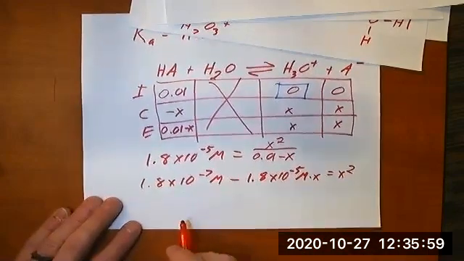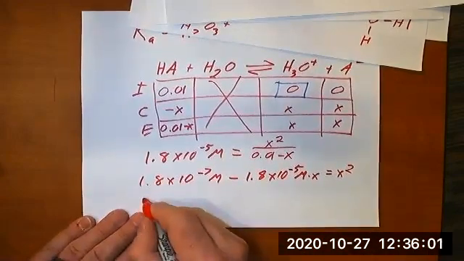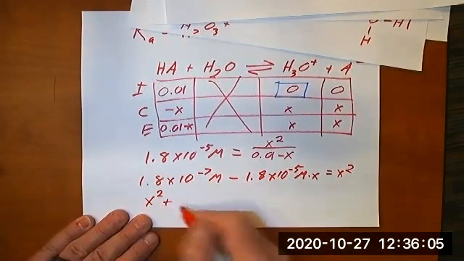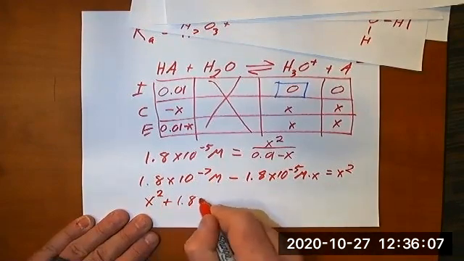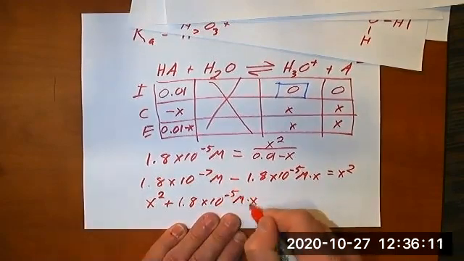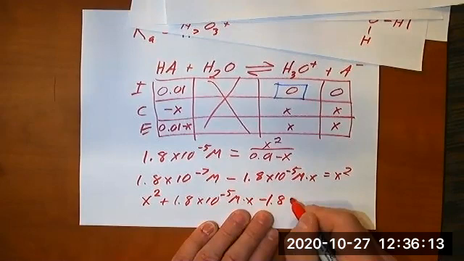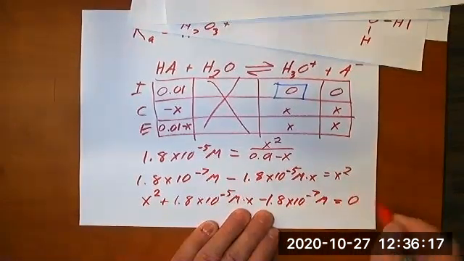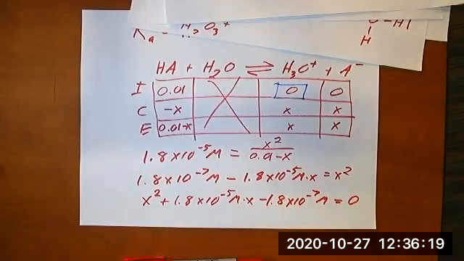We can put this into the standard quadratic arrangement: X squared plus 1.8 times 10 to the minus 5 molar times X minus 1.8 times 10 to the minus 7 molar equals 0. And what I would do at this point is look up or find a quadratic formula calculator.